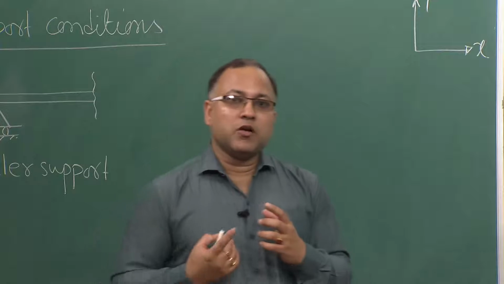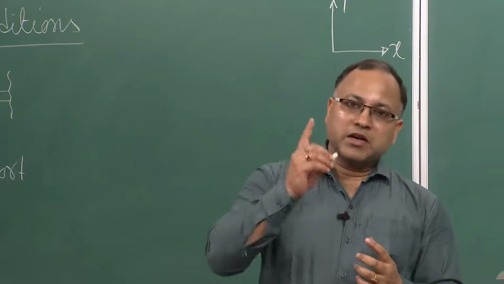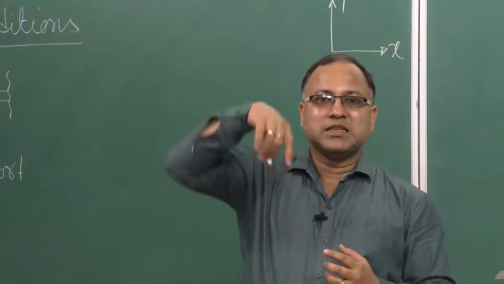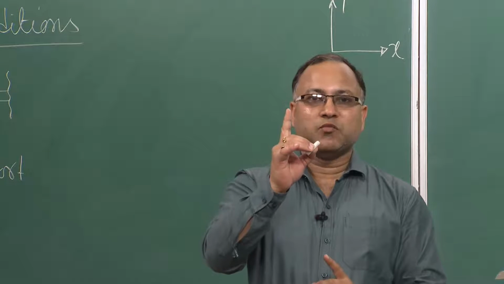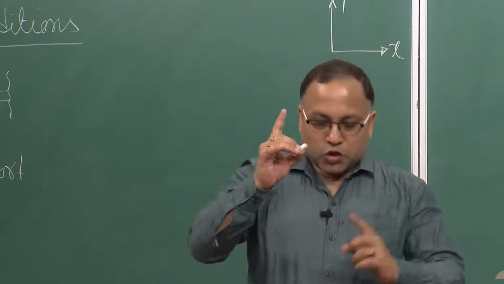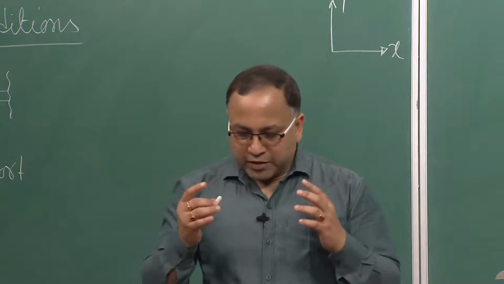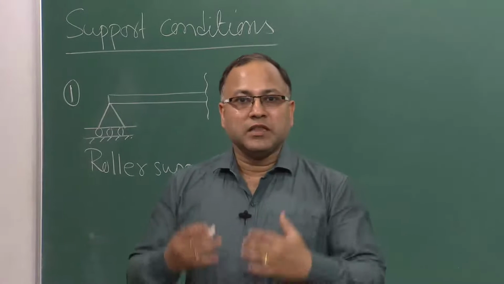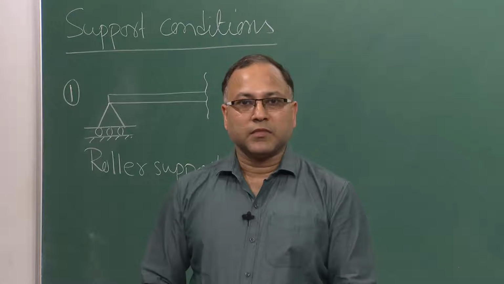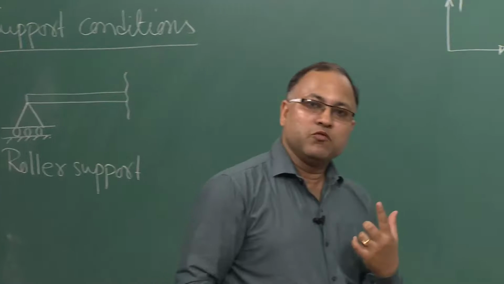Suppose my weight is acting in the downward direction; the reaction will be acting in the upward direction. That means I am free to move in this direction, but I cannot move vertically downward, because the floor is giving me the opposite and equal reaction.